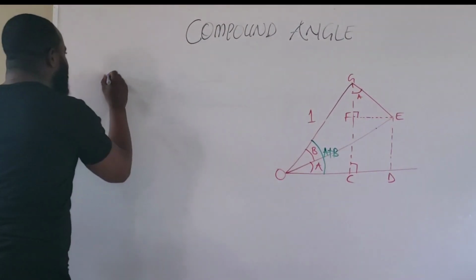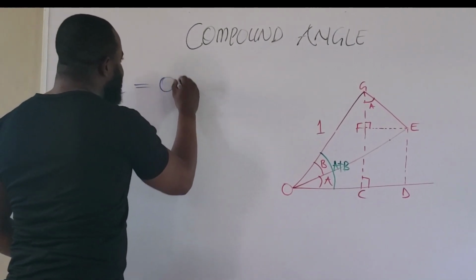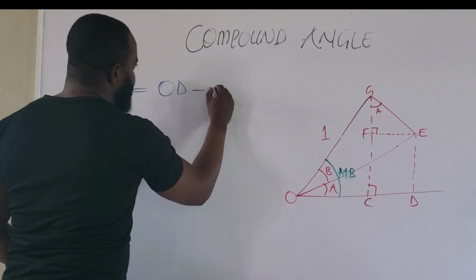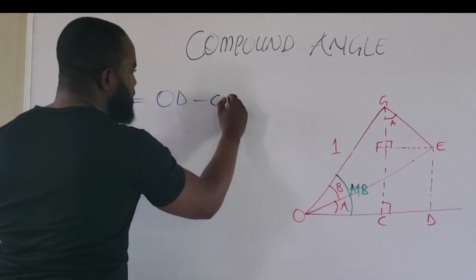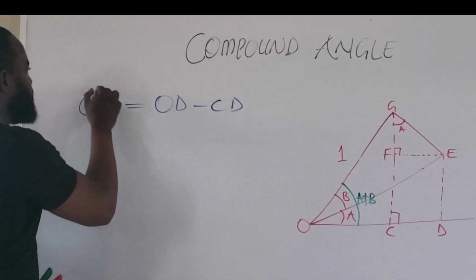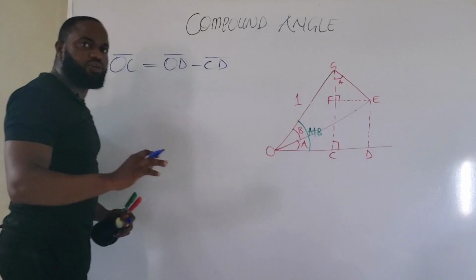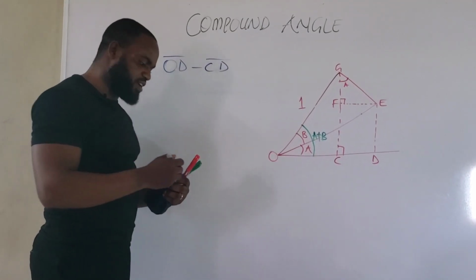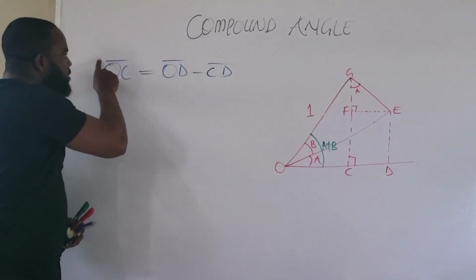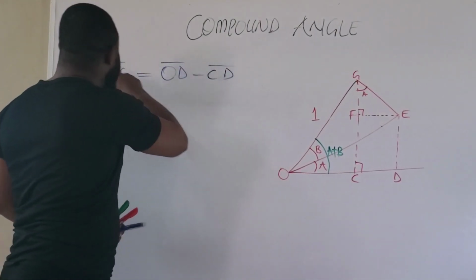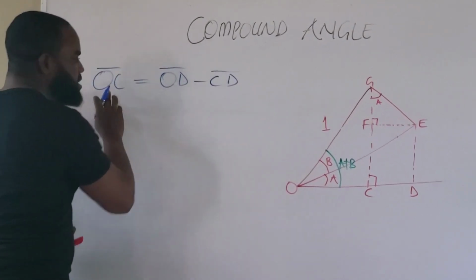It is true that line OC is equal to the entire line OD minus line CD. Well, I'm supposed to put a line sign on top of it here, but in this video, I'm not going to be putting that so that it will be faster, to save time and space. So make sure you put this sign on top of lines when you are representing a line.